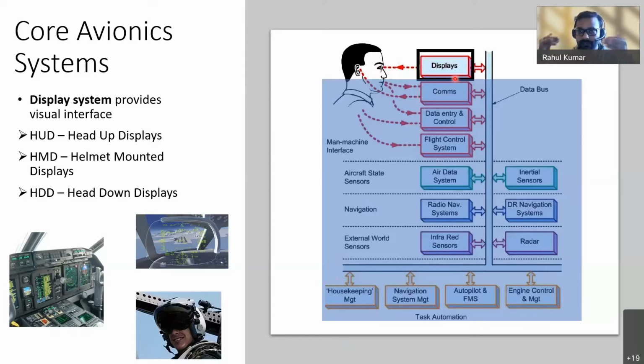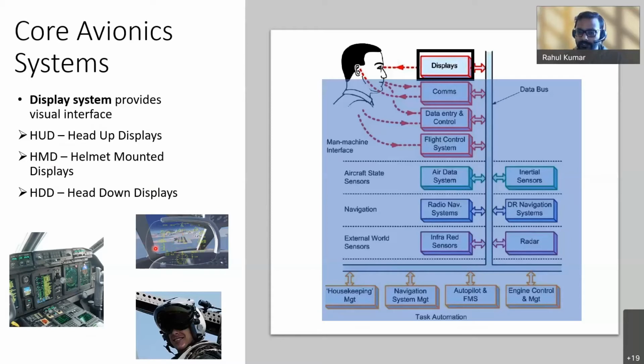Obviously when you walk into a cockpit, you would see lots of displays, right? Displays provide a visual interface, and they can be of three types. So you have the head up display. This picture is for the head up display.